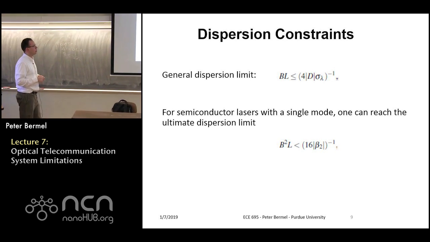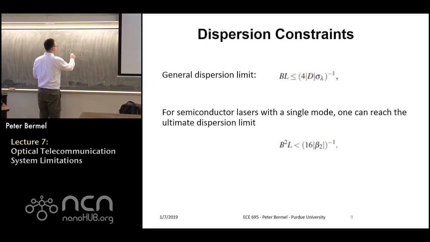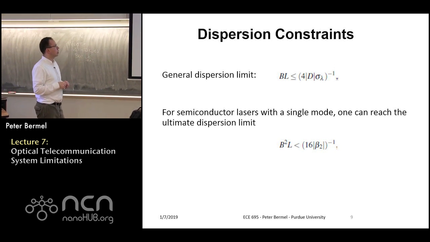Right, so that's putting an upper bound on your bit rate. If you multiply by L on both sides, then obviously this cancels, so you get 1 over D delta lambda. And here we just assume that delta lambda is 4 times the standard deviation of the range of wavelengths associated with your source, right? So this tells you that if you have a narrow line width source, or basically a small delta lambda, then you have a higher upper bound for your bit rate. Right? So that's really the key takeaway.